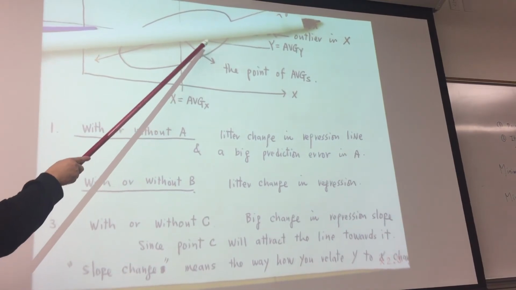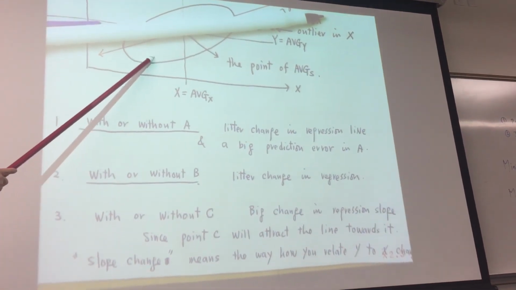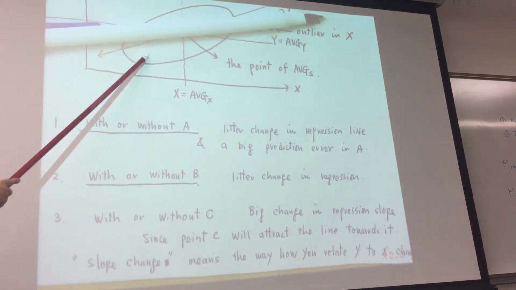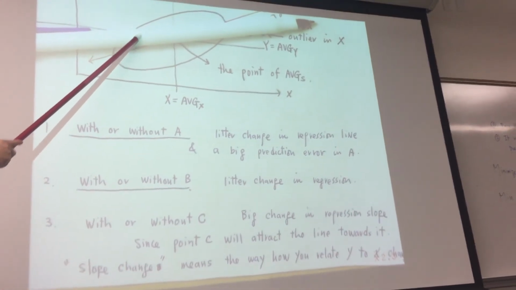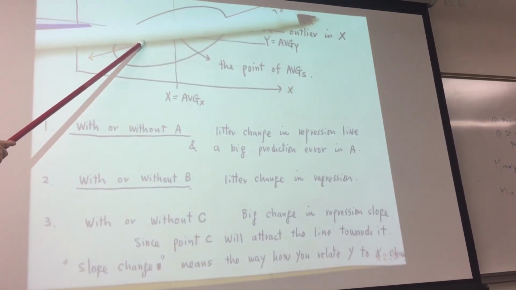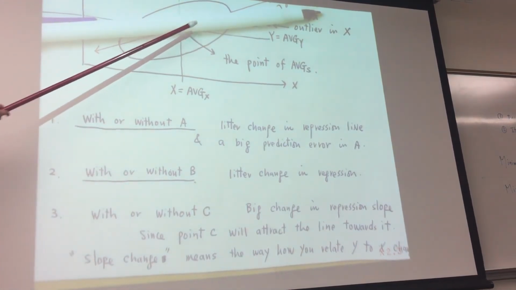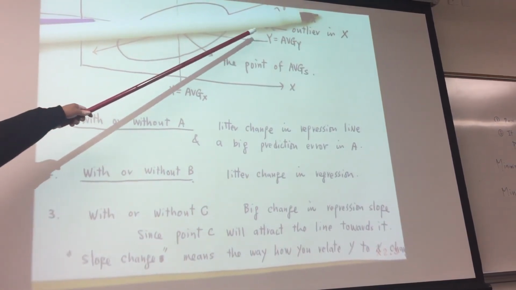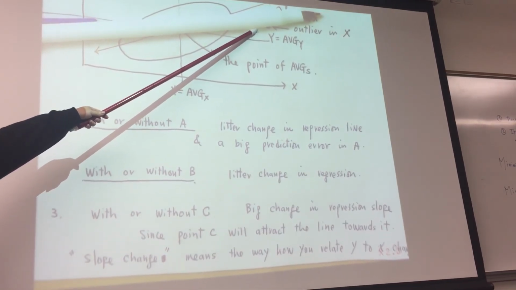The increase is compensated by its counterpart. Same thing here. A point here, if you rotate to here, it looks like the distance to the line becomes bigger. But the point over here, the distance becomes shorter. Is that okay? So you don't need to worry about the line inside the football shape. All you need to worry about is the line close to C that minimizes the vertical distance to C. Is that okay?